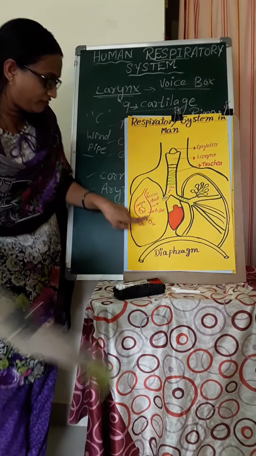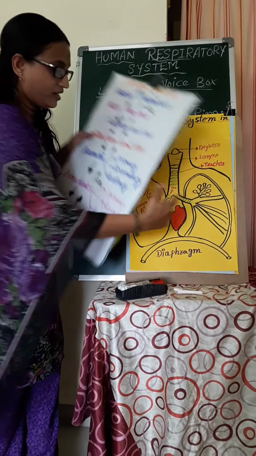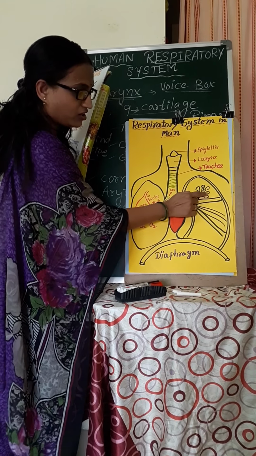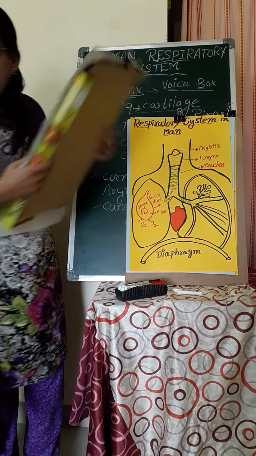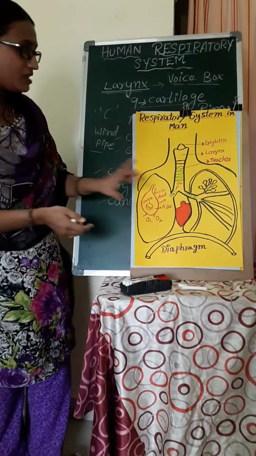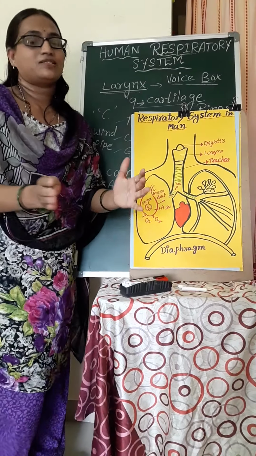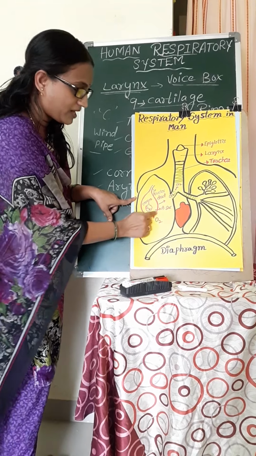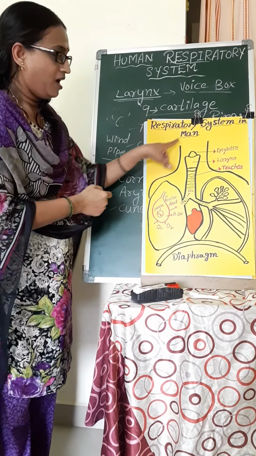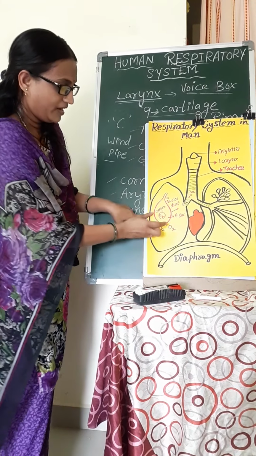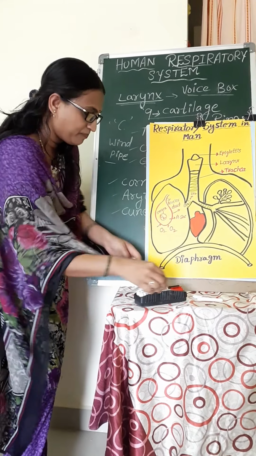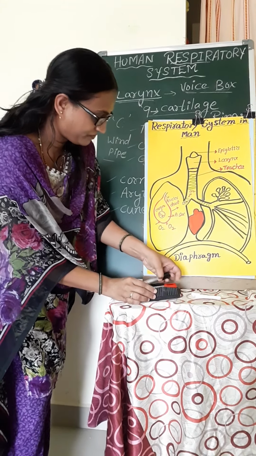Here is the structure of an alveolar sac. Whatever we find here, these are the alveoli. They act as filters. See, the actual exchange of gases takes place in the alveolar sac. See how the oxygen enters. Here, the exchange of gases, I have written here.